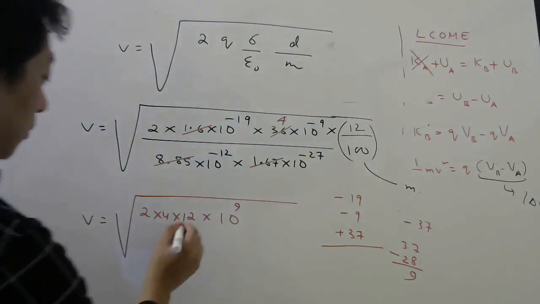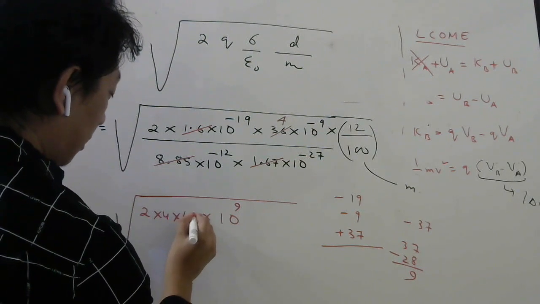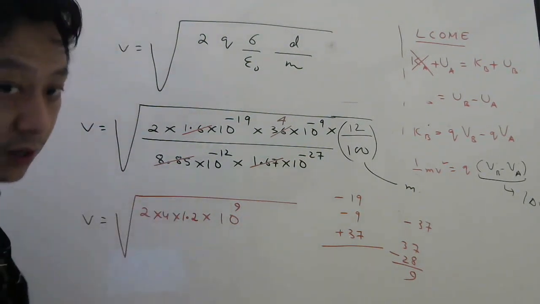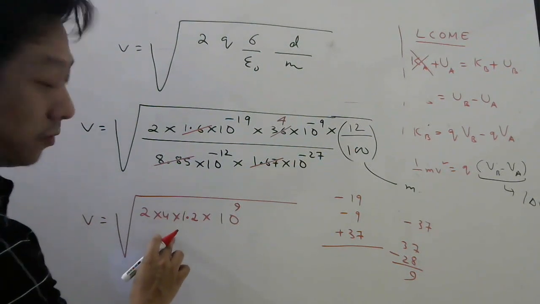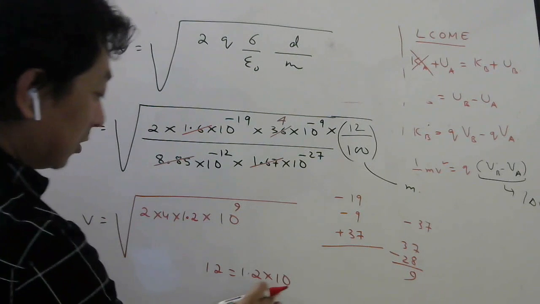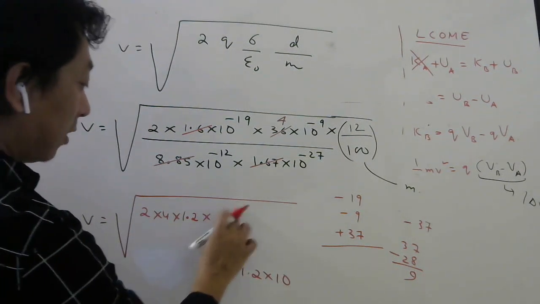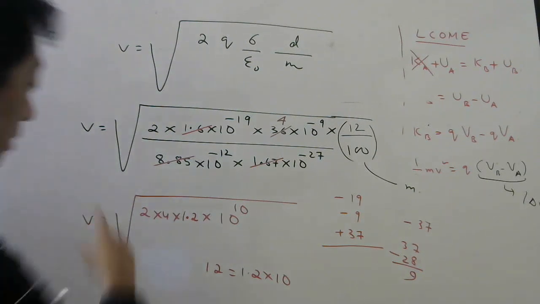The square root of 10 to the power 9 is always difficult to calculate. So what we will do is write this as 1.2. If I write 12 as 1.2, then I have to multiply with 10. So that 10 and 10 to the power 9 will be 10 to the power 10. The reason I do that is to take the square root easily.